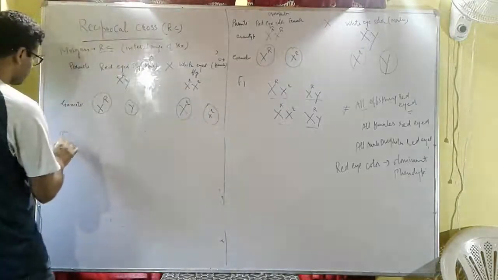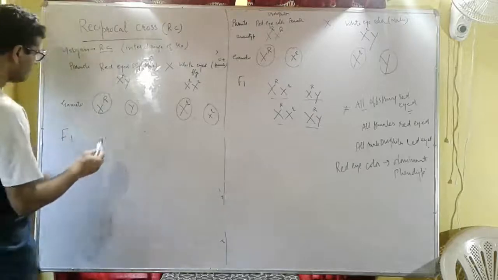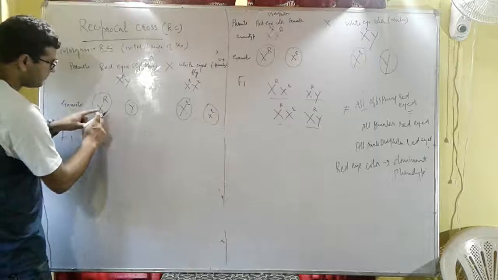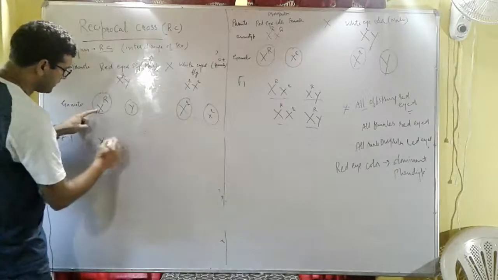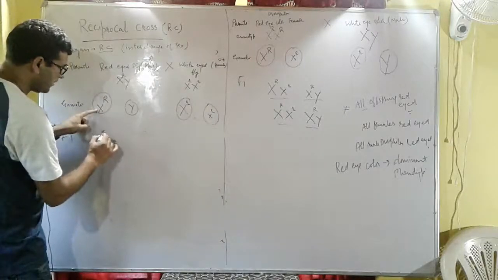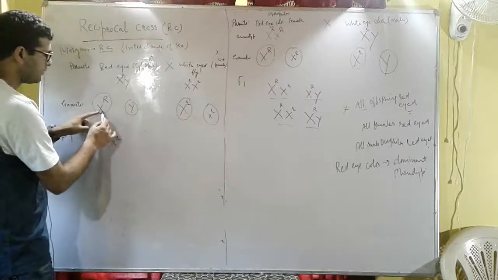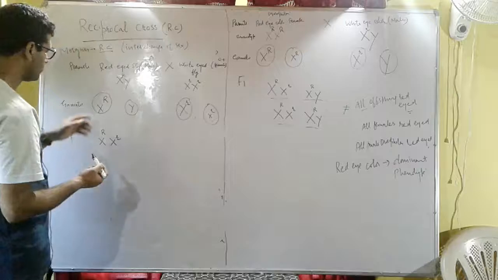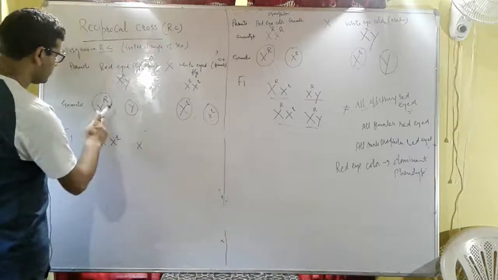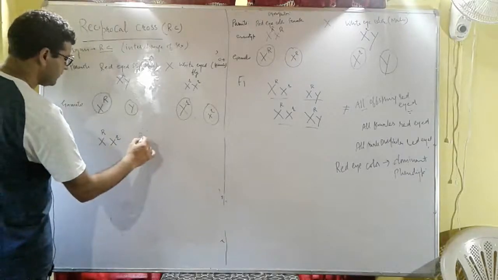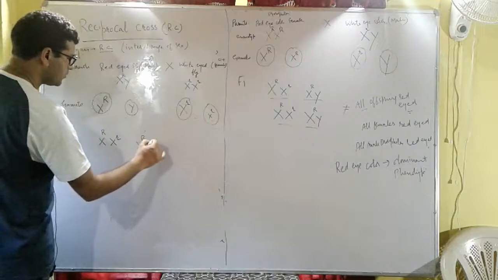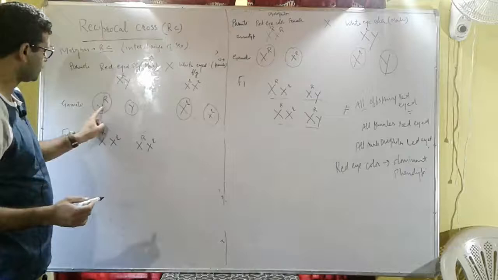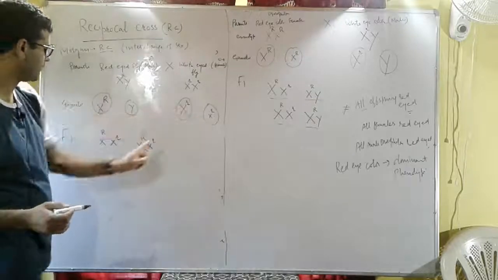So in case of F1, what we obtained, now we'll start the crossing. We have X capital R and X small r, this one and this one first, this one and this one second.